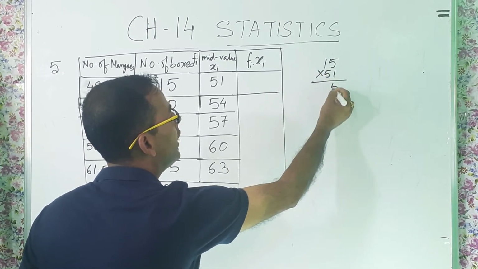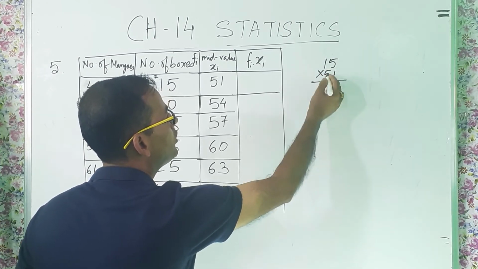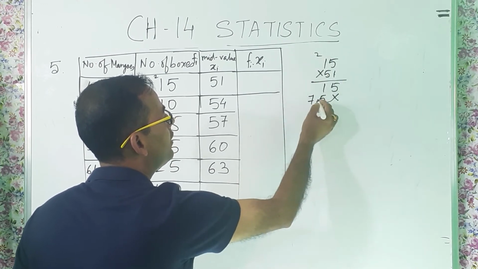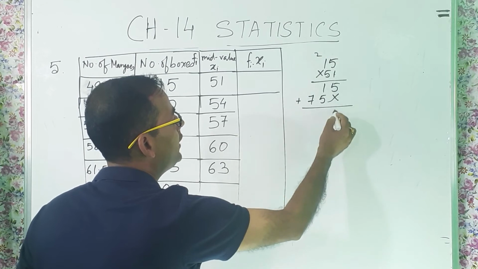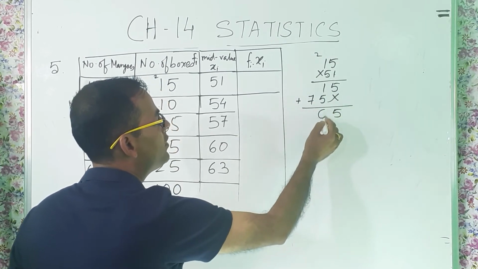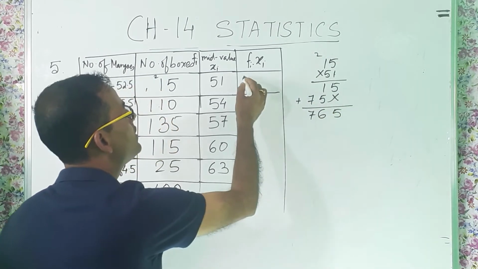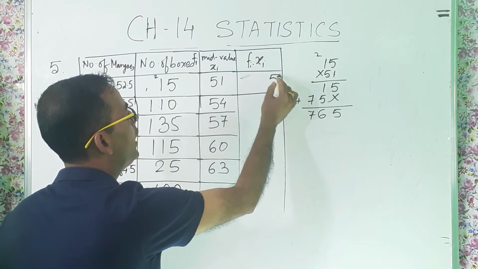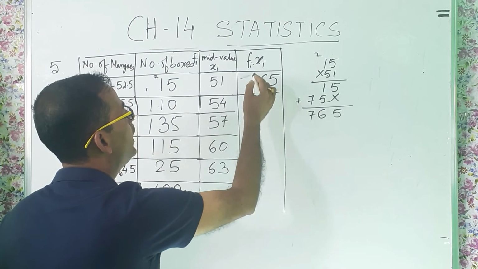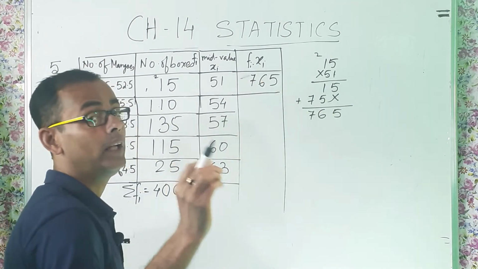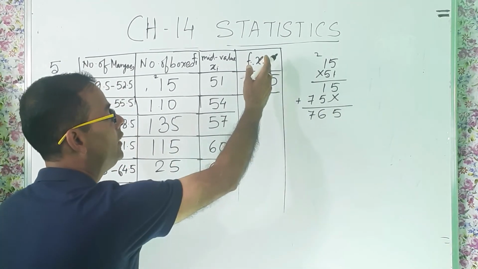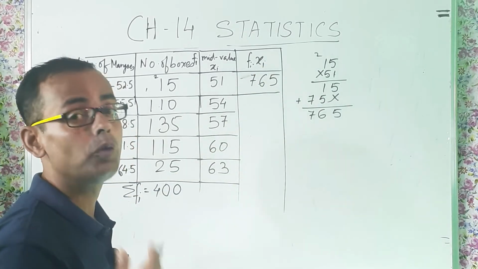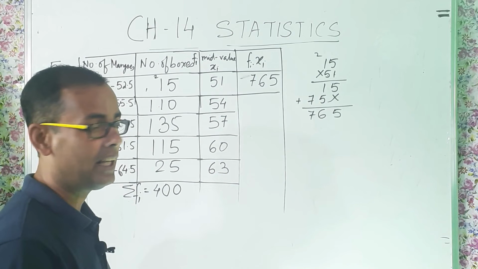So, 1 5s are 5, 1 1s are 1, cross, 5 5s are 25, 2, 5 1s are 5, 6, 7, 75. And now we will add 5, 1 plus 5, 6, and then 7. I am maintaining ones, tens, hundreds, the proforma, okay, so that it will be easy for me or for you also to add it at last.